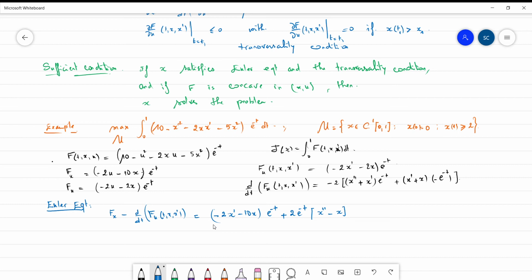Okay, so we want it to be 0. If you look, this term is also x prime, that's all.